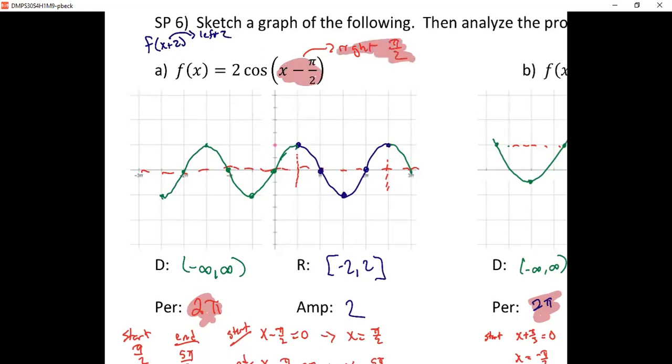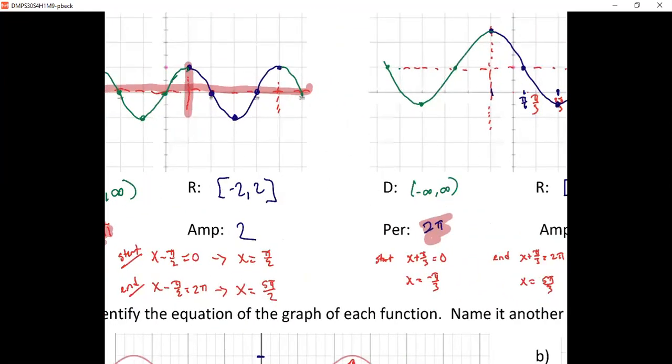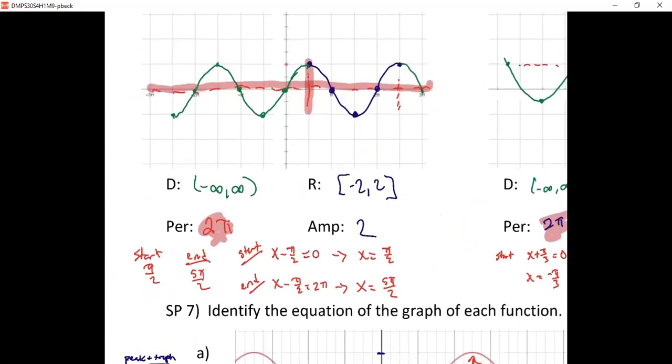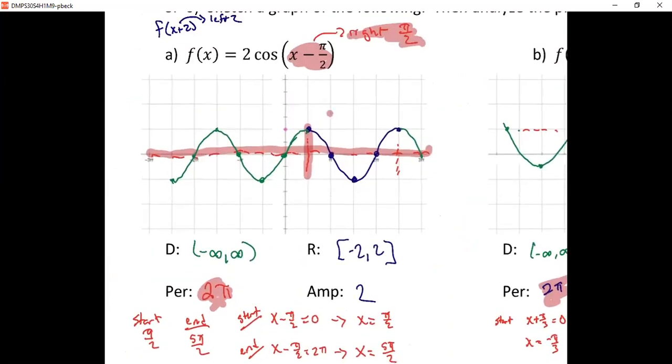So our equilibrium, 0, first thing we always look for, we start at pi over 2 to the right, and then when we add 2 pi, that's going to take us to 5 pi over 2. Now if we look at it as a positive cosine graph, it goes peak, 0, trough, 0, peak.